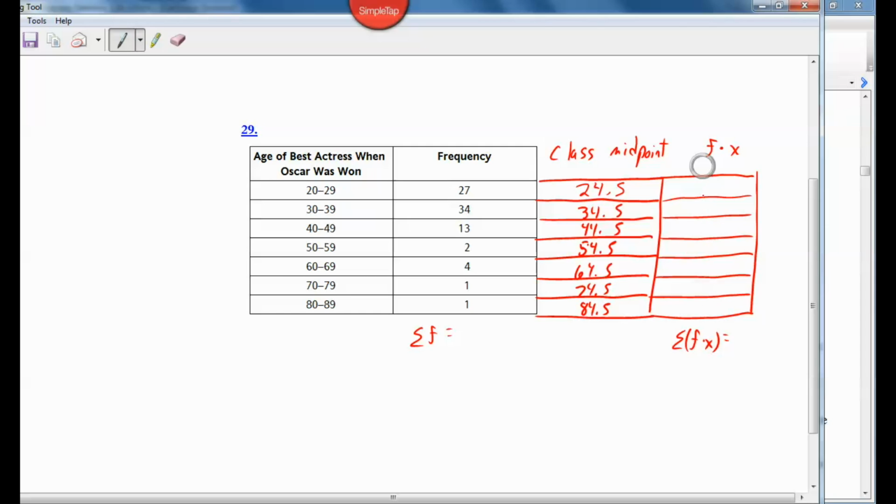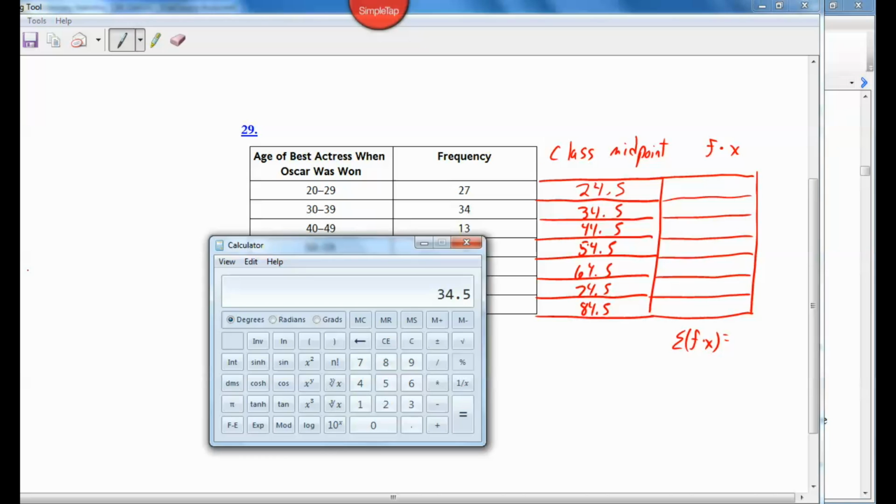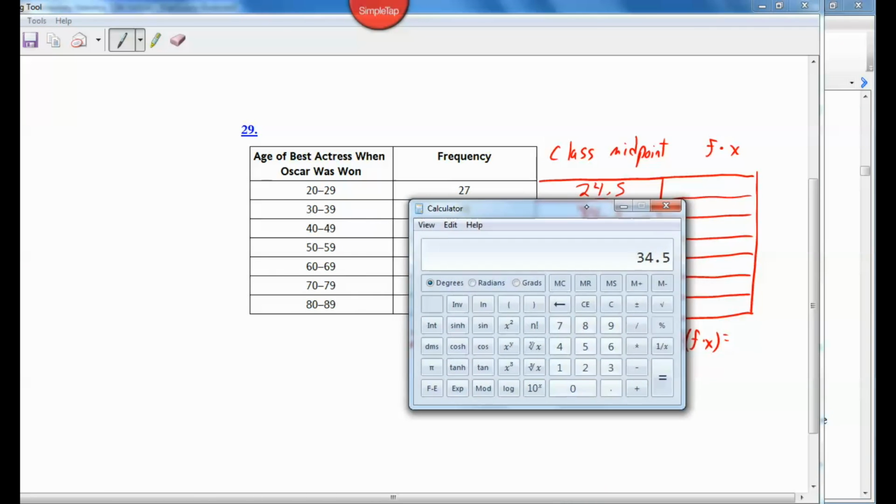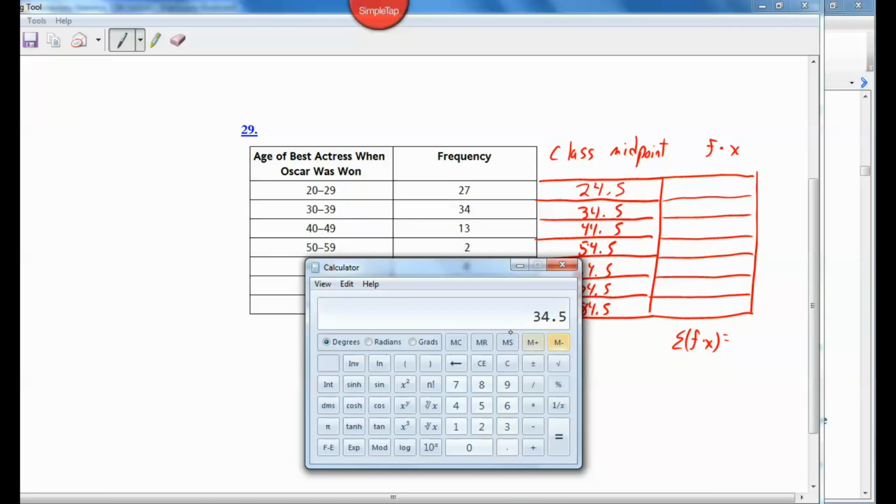Now, this next column here, we get those by saying the frequency times the class midpoint. So these numbers are going to get larger.